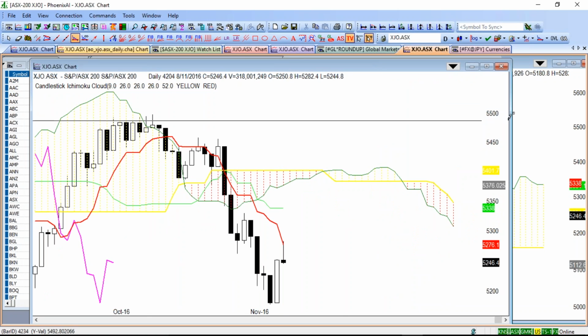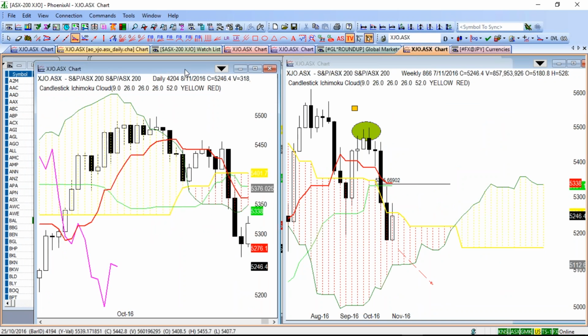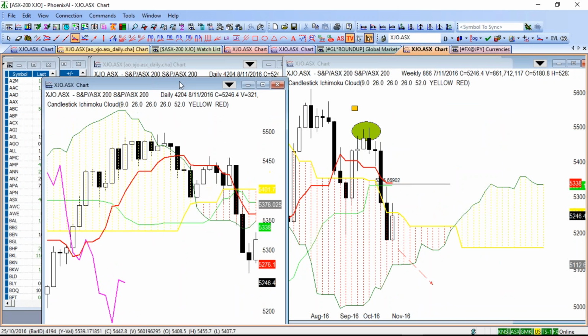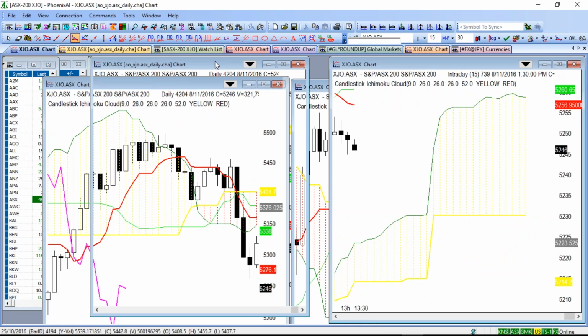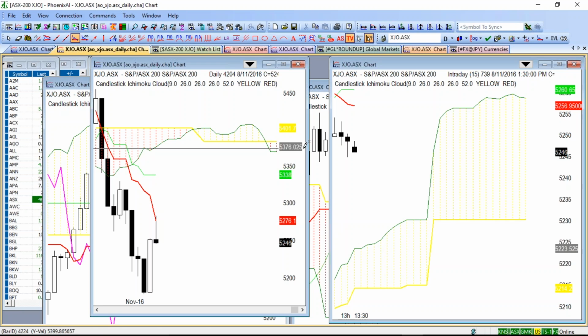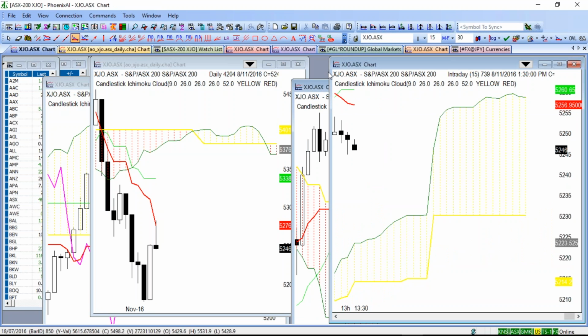So what I want to do now is take a look at this, and I've got to fiddle a little bit with my charts here, but behind here I have two intraday charts of the index itself.